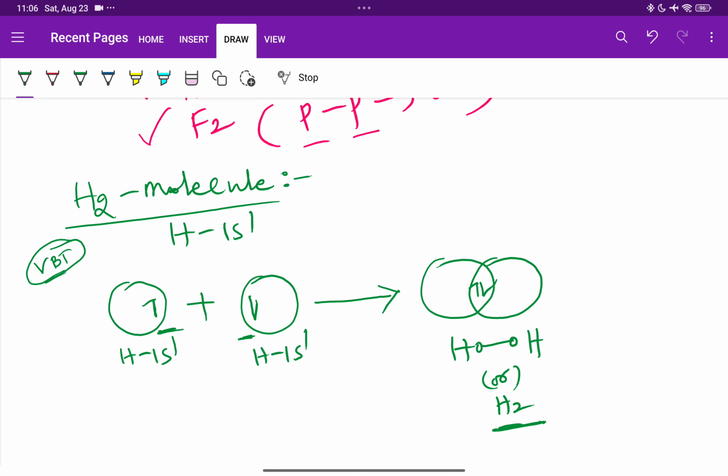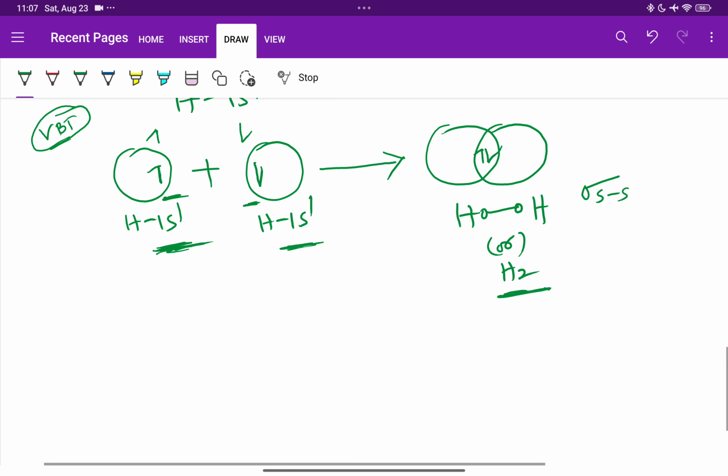So H2 molecule formed by both hydrogen atoms' s orbitals end-end overlapping. So in between the orbitals overlapping, you can find one is clockwise electron, another one is anti-clockwise electron. So this is called a sigma SS overlapping. H2 formation is the best example for sigma SS overlapping.